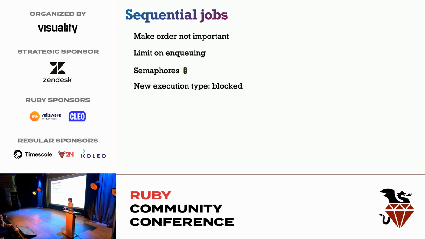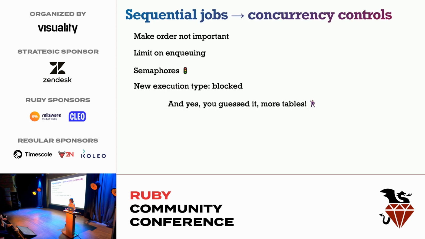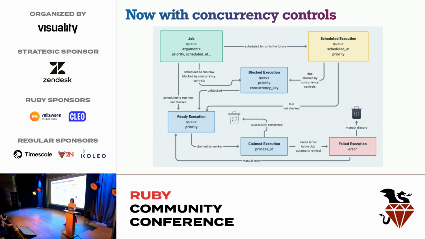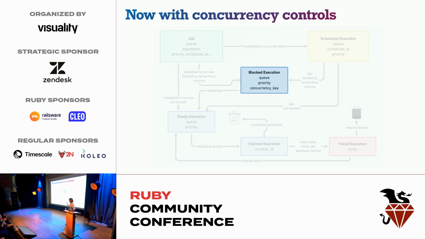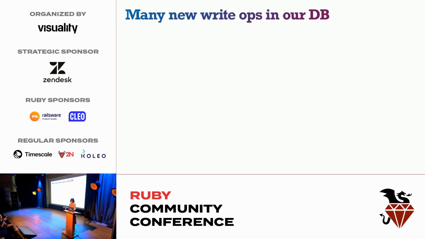So we added a new execution type, block. And yes, that's another table. We also renamed sequential, because now that order is not important, sequential is not really true. So we renamed that to concurrency controls. And this is how this looks in the initial prototype. So we added this new execution, and we just tested it.